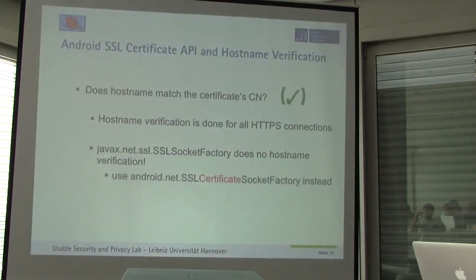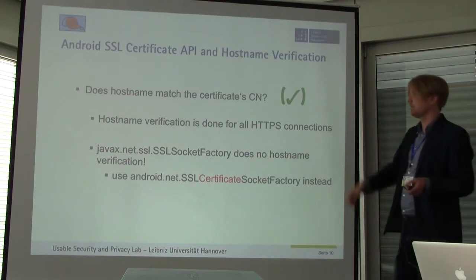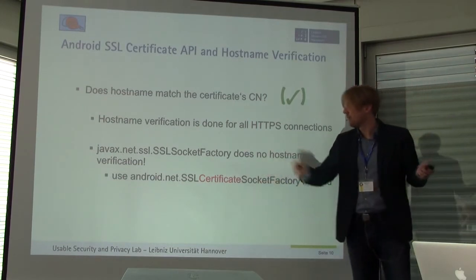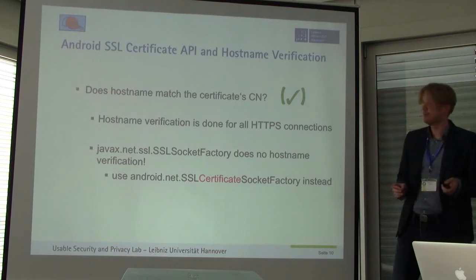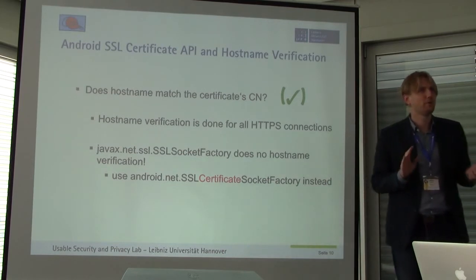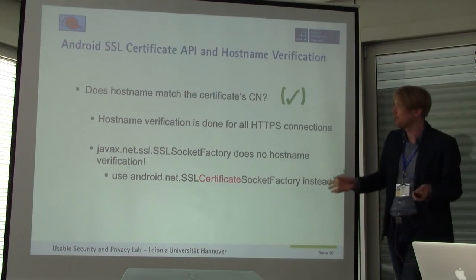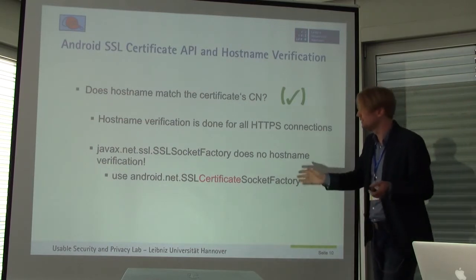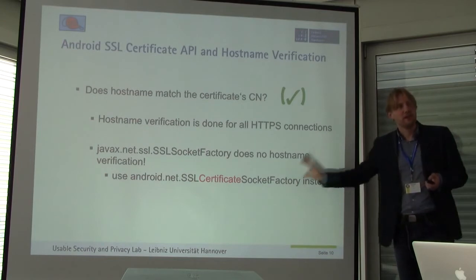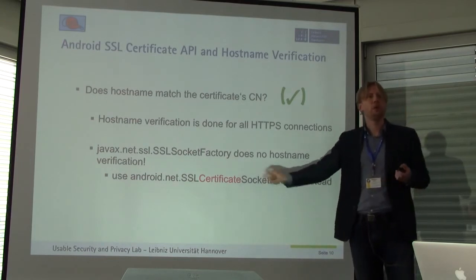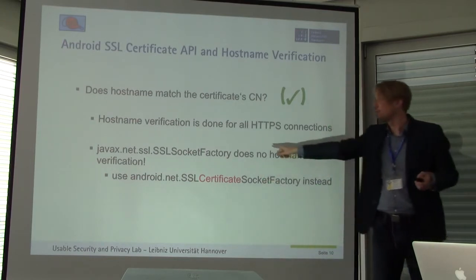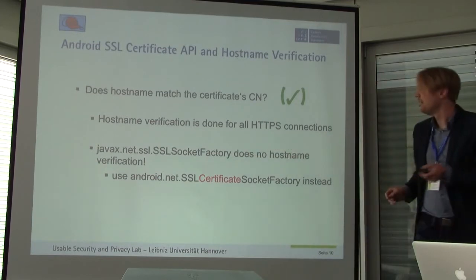So what you should use instead: Android created its own socket factory, which they call the SSLCertificateSocketFactory. Again, naming-wise, maybe not the best idea, because I'm not quite sure what the difference is between the SSLSocketFactory and the SSLCertificateSocketFactory. But at least if you go into their documentation, they do have a big warning saying, don't use this one, they screw it up.